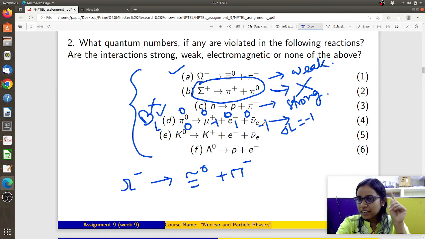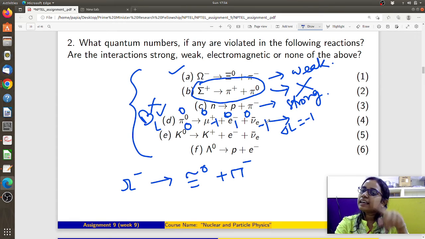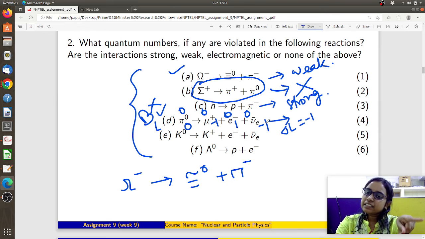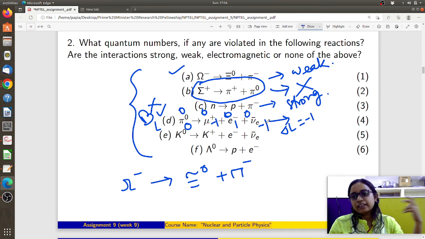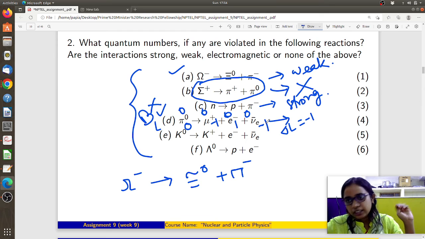Here also nu e bar was on the right hand side, but delta L was not 0, that means it was not allowed. If it was allowed, then I could say it is a weak interaction, but as it is not allowed, there is nothing to say about the nature of that nuclear reaction. It is not allowed.